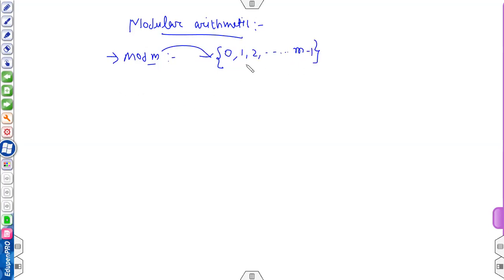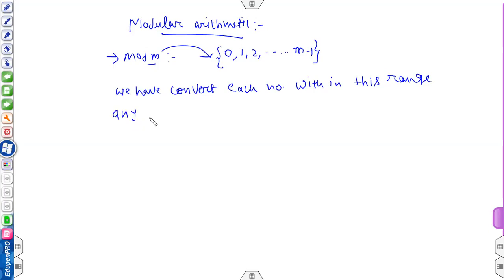Now the logic is we have to convert each number within this range. If a number is already within this range, say any number a that belongs to this set, 0 to m minus 1, then there will be no problem or issue.